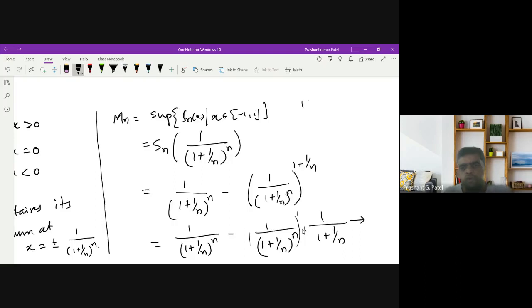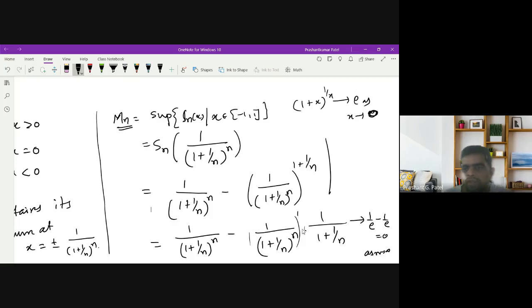And we know that (1 plus x) power 1 upon x tends to e as x tends to 0. In the same manner this will tend to 1 upon e. This also tends to 1 upon e, and this will tend to 1. So that is 1 minus 1 upon e minus 1 upon e is equal to 0 as n tends to infinity. So it concludes that Mn converges to 0.